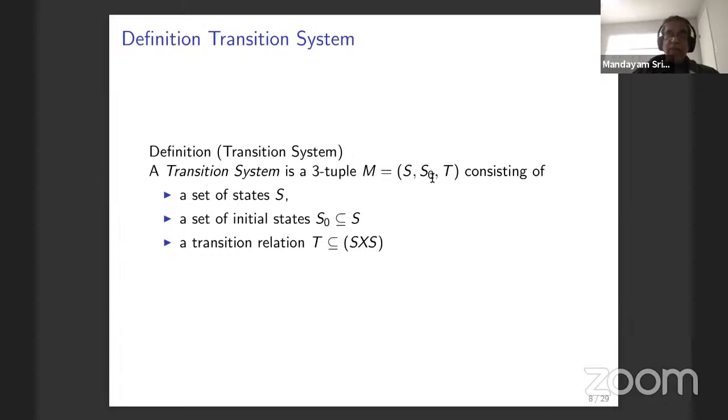The second component characterizes the set of initial states from which the system can start its execution. And then a transition relation that relates arbitrary states in this universe of states, which describes how the system evolves over time.